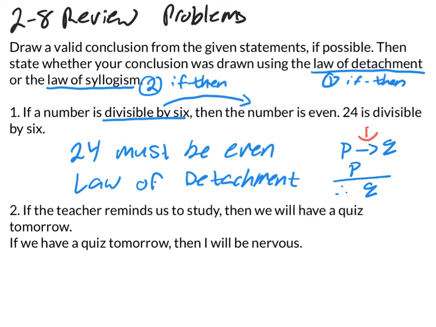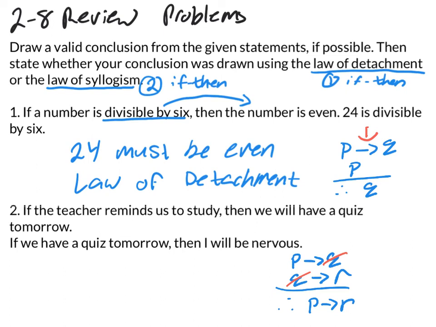So for law of syllogism, we need to know if P implies Q and Q implies R, then we can cut out the middleman, right? So that middleman is the same. And we know, therefore, P implies R. So we need that middle statement to be the same.